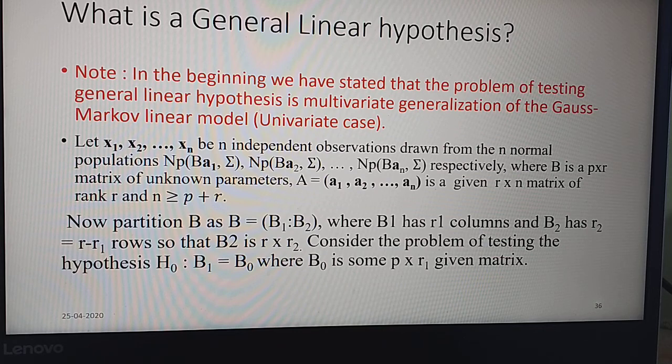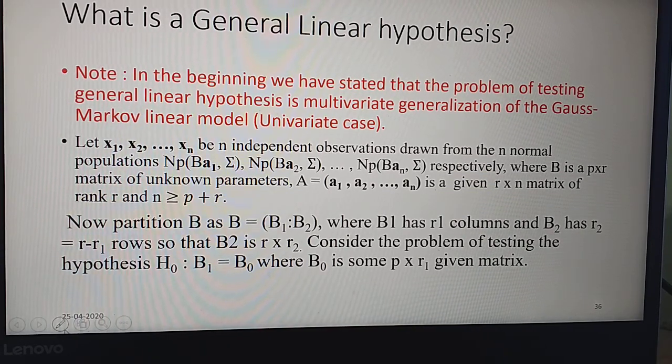we partition B as B1, B2, where B1 has r1 columns and B2 has r2 columns. r2 is r minus r1, so that B2 is p by r2. Now consider the problem of testing the hypothesis H naught: B1 is equal to B naught, where B naught is some given p by r1 matrix.